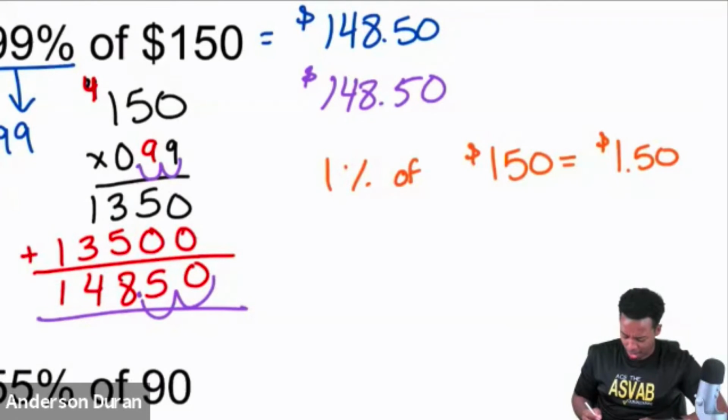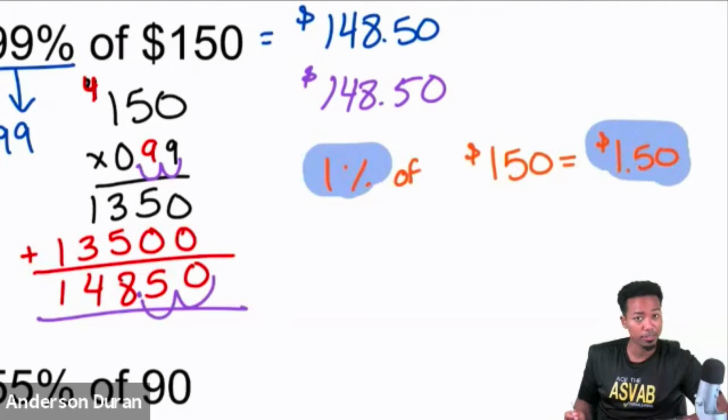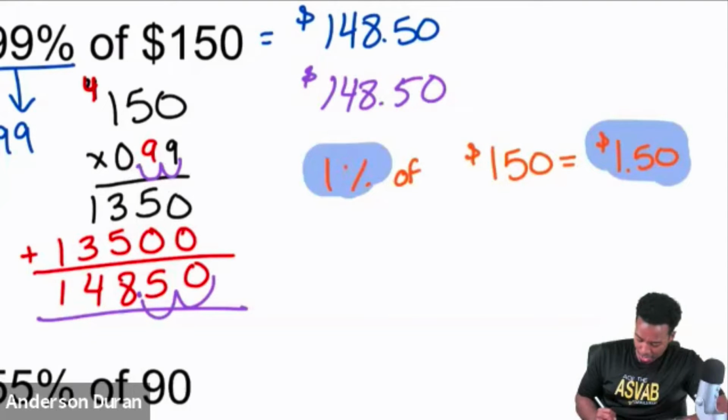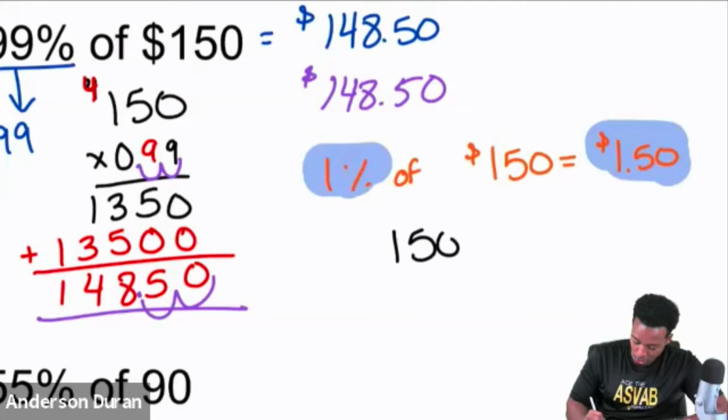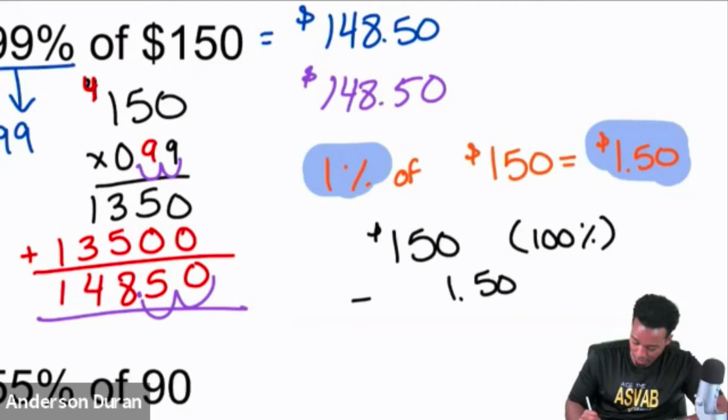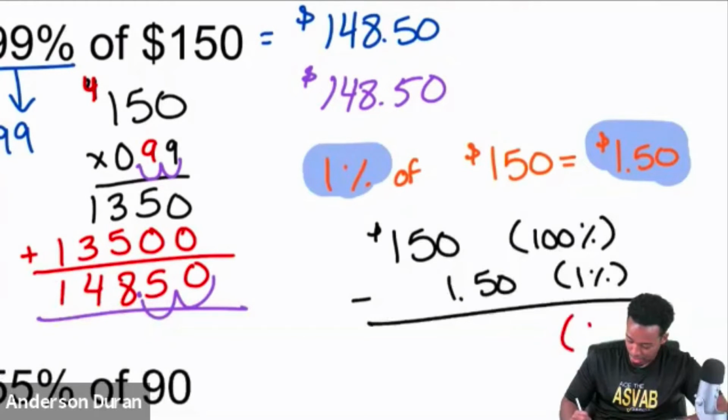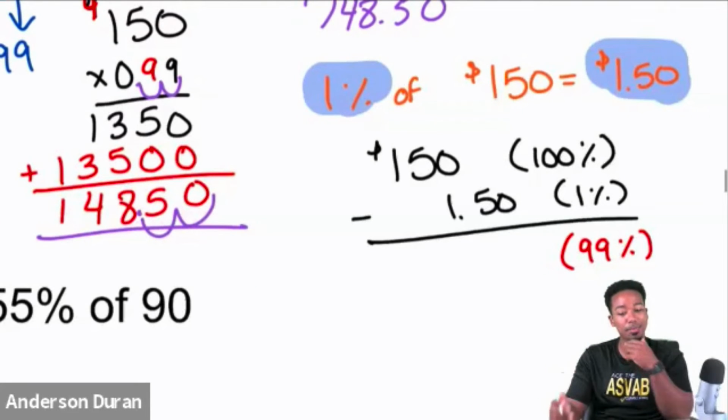And what we just found was 1% is $1.50. So if I took the original 100% and I subtracted $1.50, which is going to be 1%, don't I end up getting 99%?